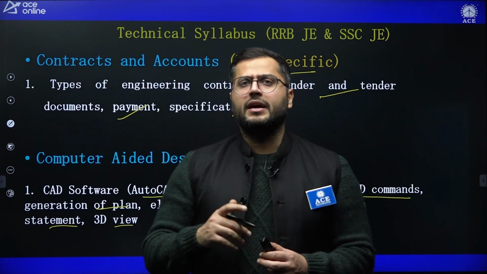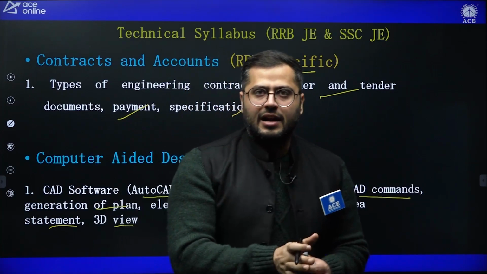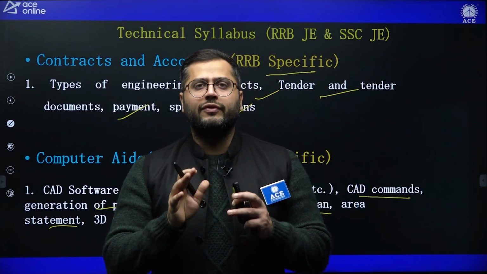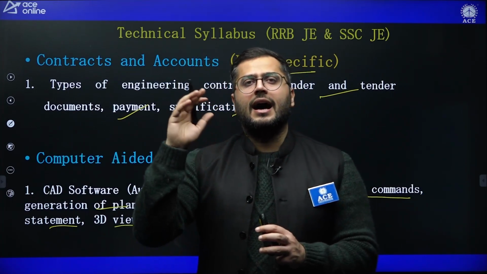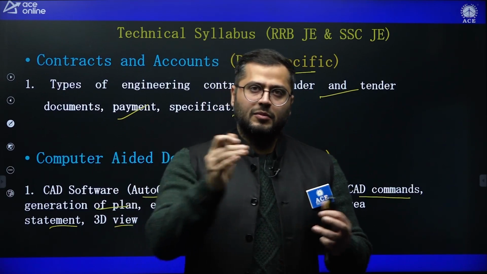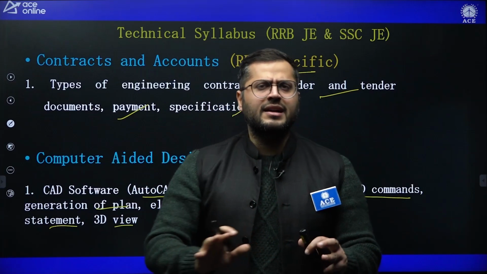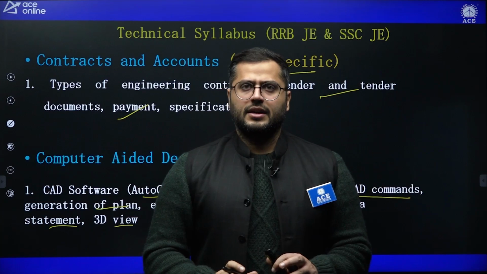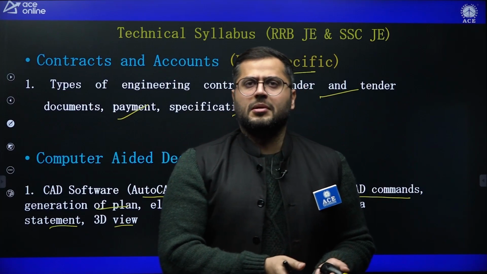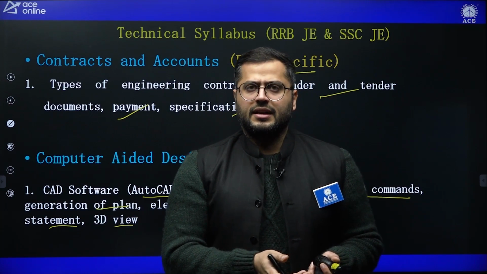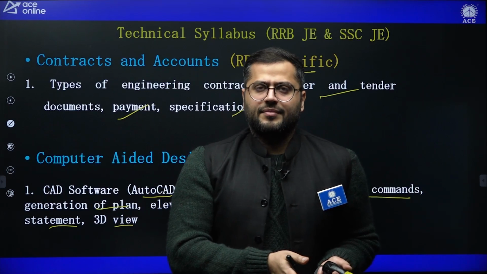Hence, if you are preparing for SSC JE right now, you don't need to worry about when the RRB JE notification will come out. Whenever it comes out, you'll get to know about it, right? So you can start preparing for these extra topics by then, right?